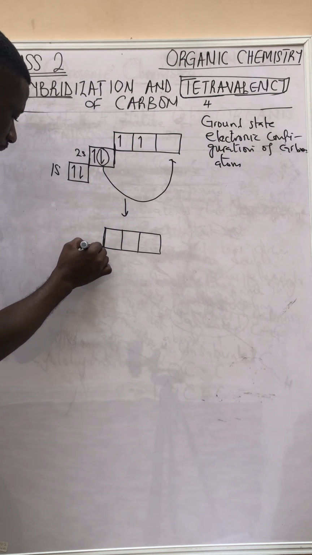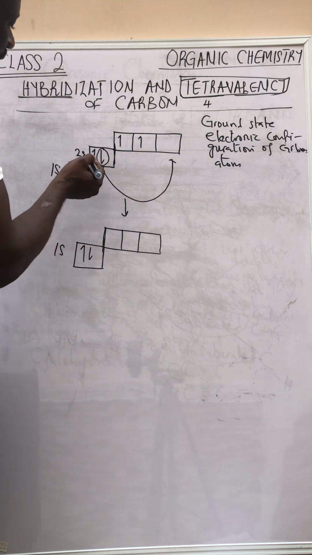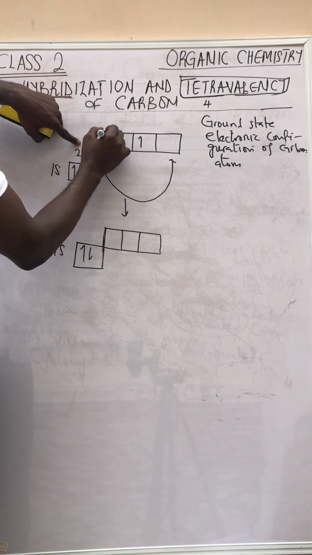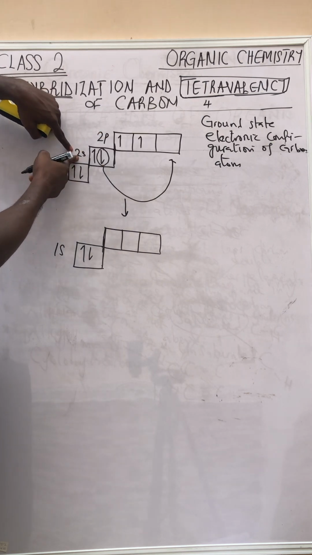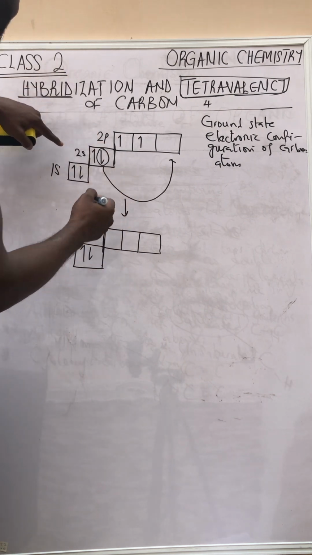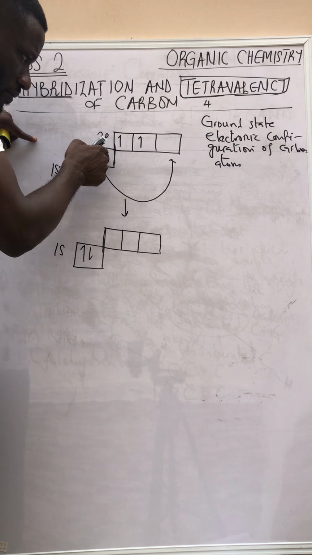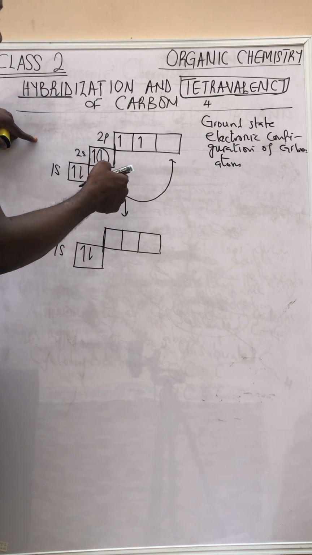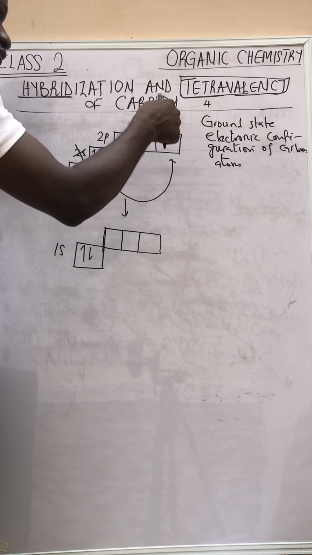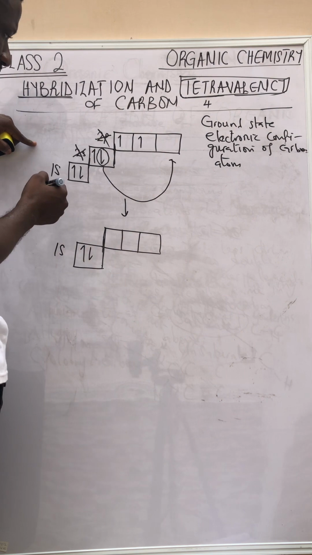To redraw this perfectly, this is 1s. We don't have 2s again, and we don't have 2p again. Why? Since we have moved an electron from here to this place, we forget about these labels and give them another name.